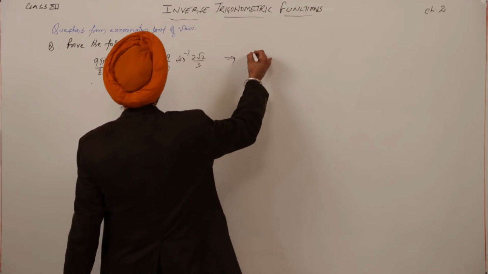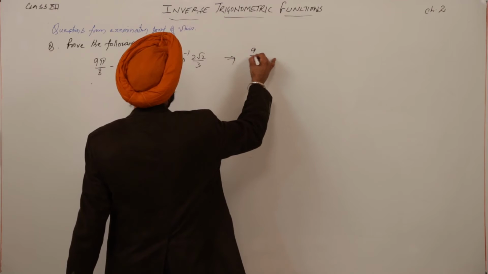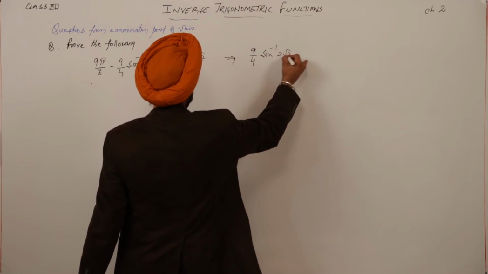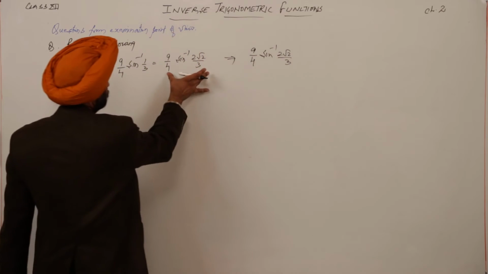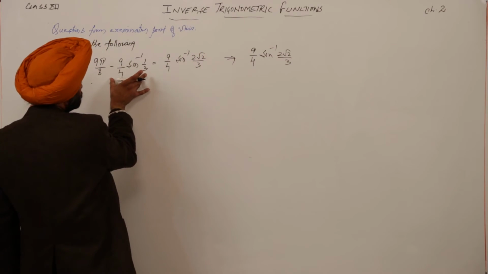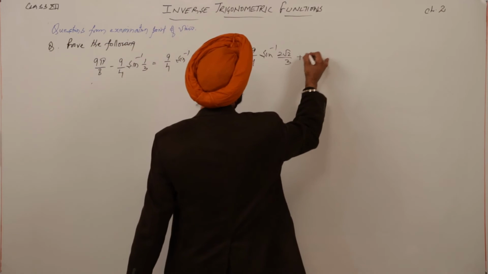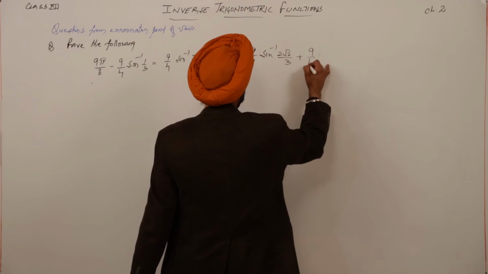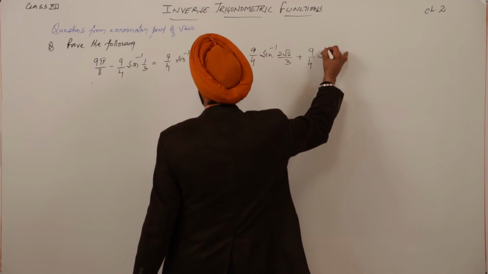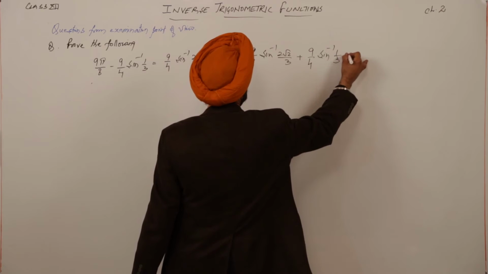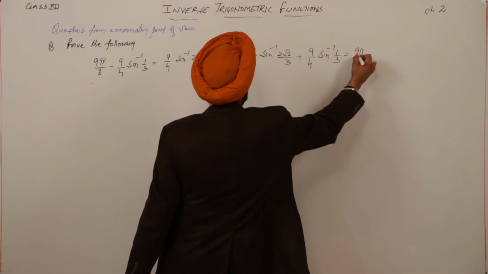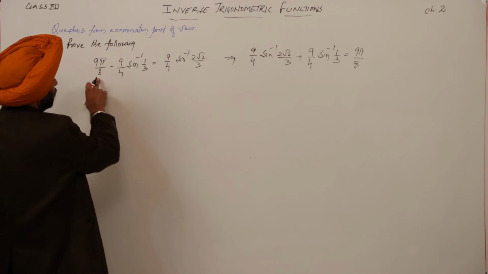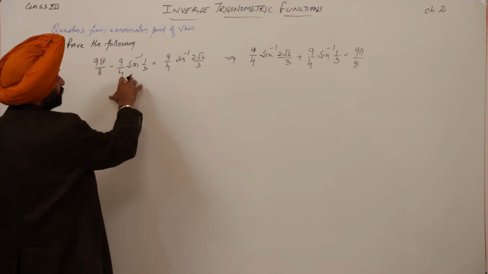Can I write this question like this: 9 by 4 sin inverse 2 root 2 by 3, this is minus and goes to that side, so it becomes plus 9 by 4 sin inverse 1 by 3 is equal to 9 pi by 8. I have taken 9 pi by 8 as it is, and this is shifted to that side.